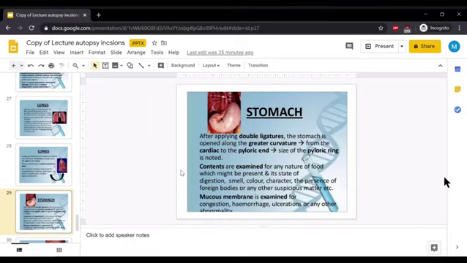Contents of the stomach are examined for the nature of any food present and its state of digestion, smell, color, character, and the presence of any foreign body or suspicious material. The mucous membrane is examined for congestion, hemorrhage, ulceration, or any other abnormality.